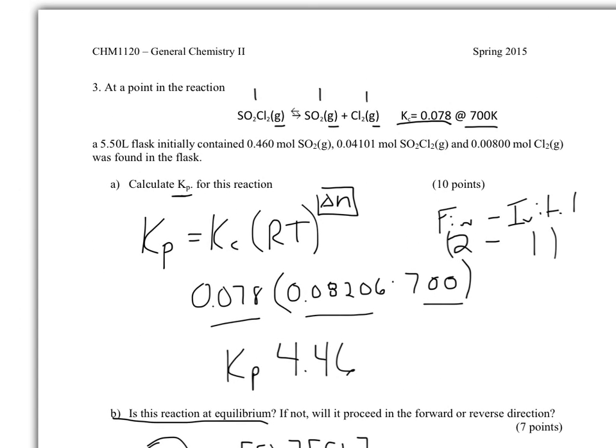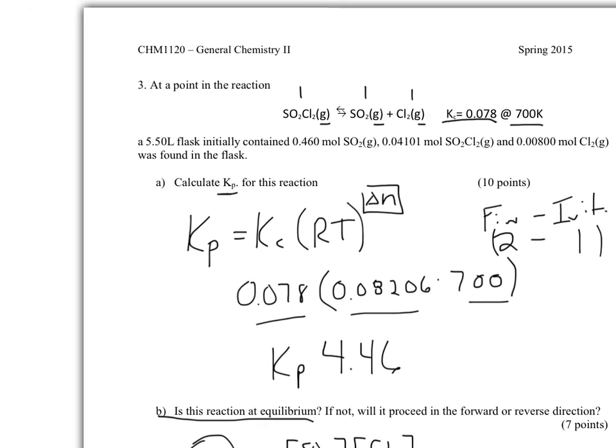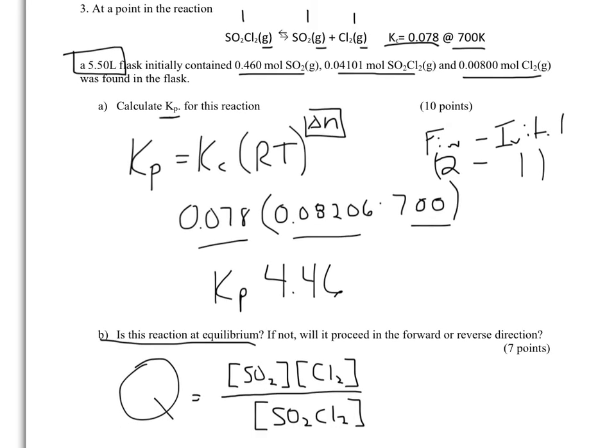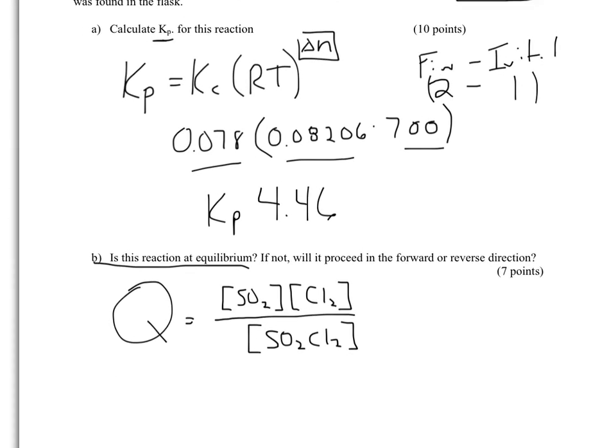What this problem gives us, however, is moles. Moles of this and moles of that and moles of that. In order to get concentration, we need to do moles per liter. This flask contains all of those moles, so the denominator, the liters, is the same for all 3 of those.